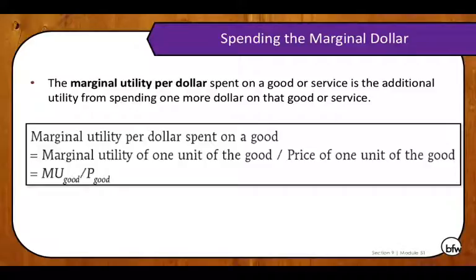So we first have to modify the table to create something called marginal utility per dollar spent on a good. And that is going to be equal to the marginal utility of 1 unit of the good divided by the price of 1 unit of the good, or the marginal utility of the good divided by the price of the good.